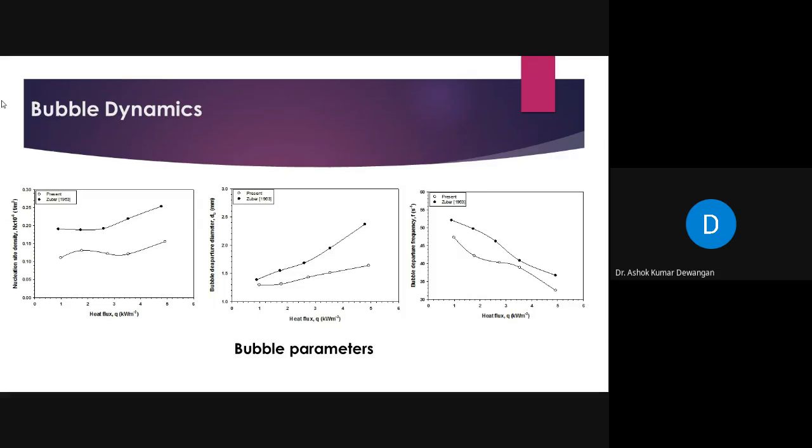The trend of this curve is quite similar to the conventional correlation, that is the Jouber model. Deviation was observed between the experimental and predicted result due to differences in operating and surface conditions and the type of fluid used. And this result reveals that more bubbles form on the surface as the heat flux increases.